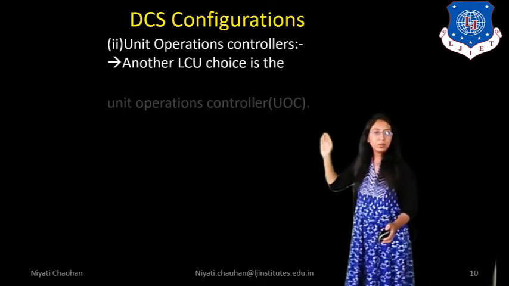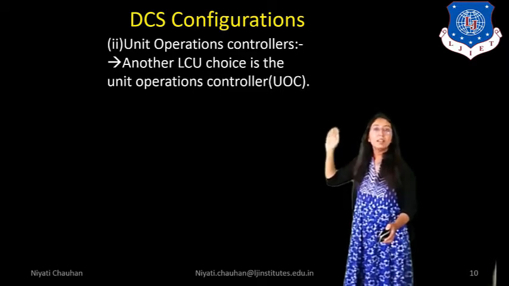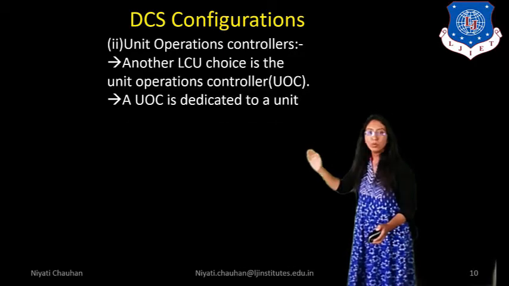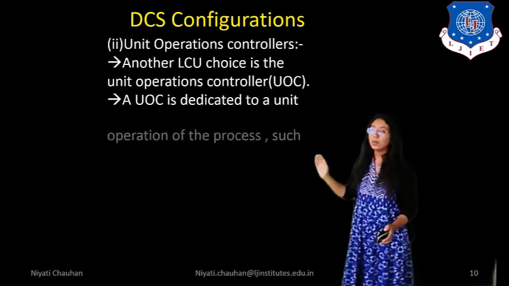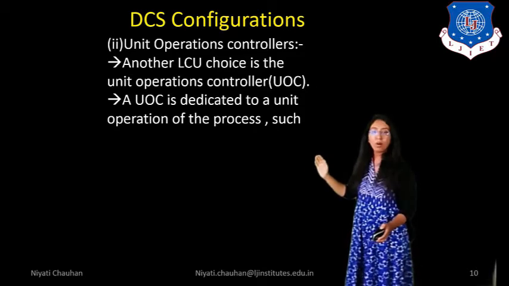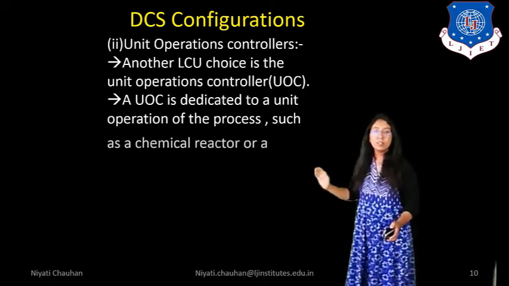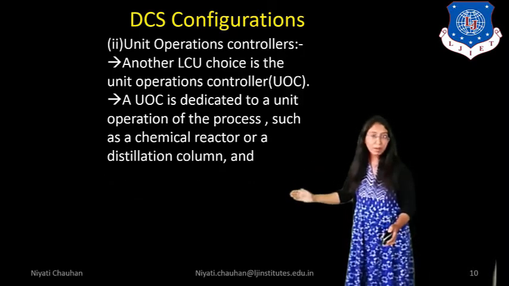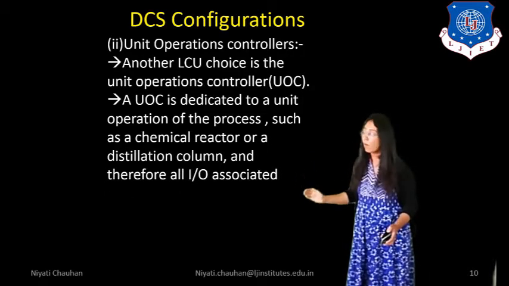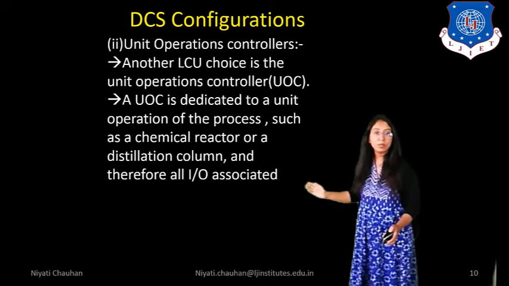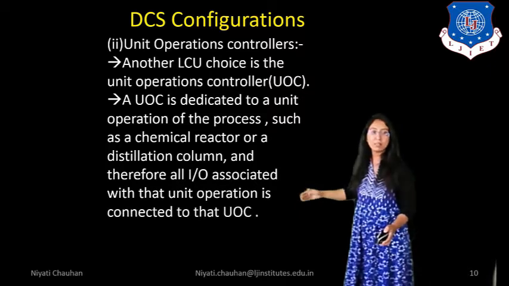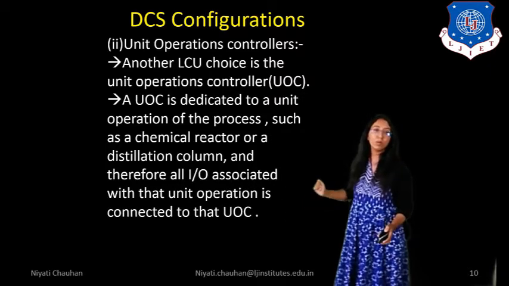Another local control unit choice is the unit operations controller, UOC. A UOC is dedicated to a unit operation of the process such as a chemical reactor or a distillation column, and therefore all input output associated with the unit operation is connected to that UOC.